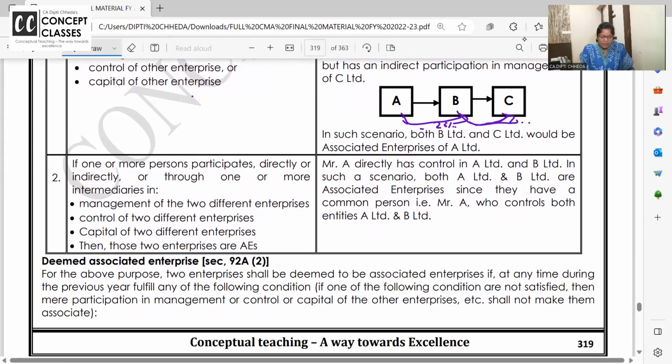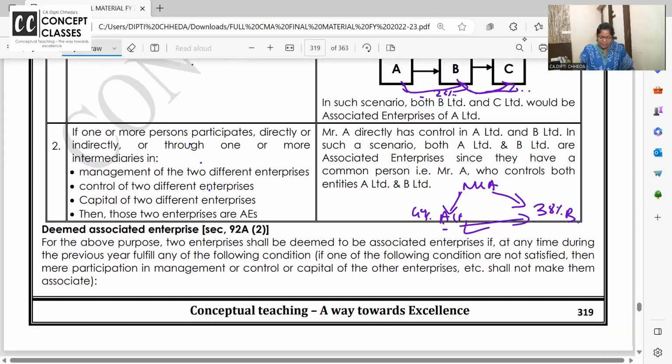Or one person directly or indirectly controls two others. Like Mr. A is controlling 49% shares of A Limited and he is having some 38% shares of B Limited. So he has control in both, right? Then both these concerns are called associate enterprises, and between them the purchase, sale, all should be at arm's length.